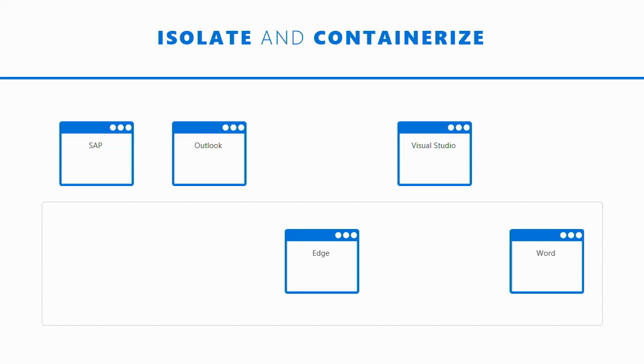But the problem is then that I'm isolated, but I'm still, if all of my apps are modern apps, right, which, let's face it, it's still going to be a while, right? But eventually, that could be approximating the truth. They're all modern. They're all still going to end up together because low integrity is not enough. So how do we take it to the next step beyond low integrity and say, you know what, I can't just have them all down in a low integrity mess where they're still commingling.